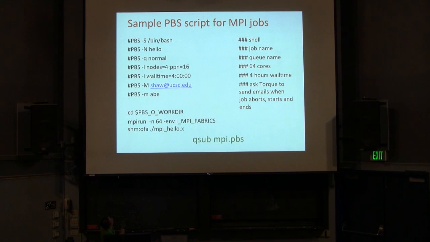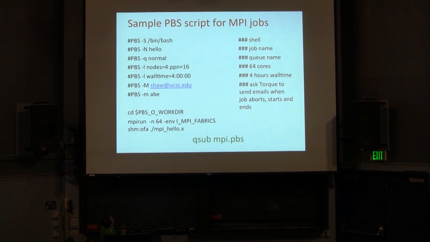Okay, we're using the normal queue. We don't use hyperthreading here. Here we're requesting 64 cores, and we request a total wall time of 4 hours. If your job doesn't finish in 4 hours, the job scheduler will kill it, so specify that.